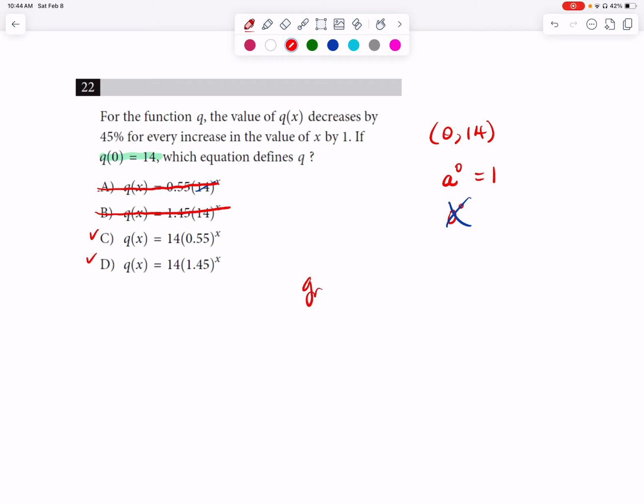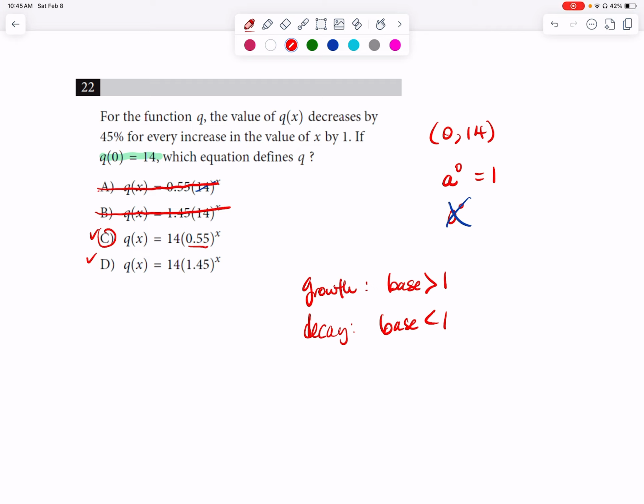Growth happens when your base is greater than 1, and decay, that's getting smaller, happens whenever your base is less than 1. Well, there you go. There's your answer choice. It's answer choice C, because it's the one that has a base that's less than 1.